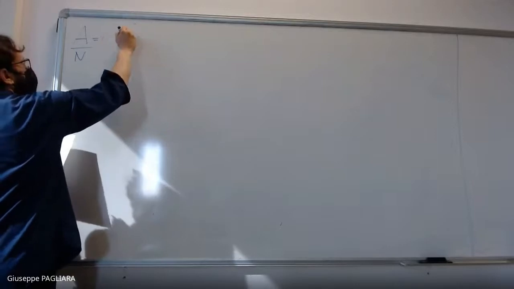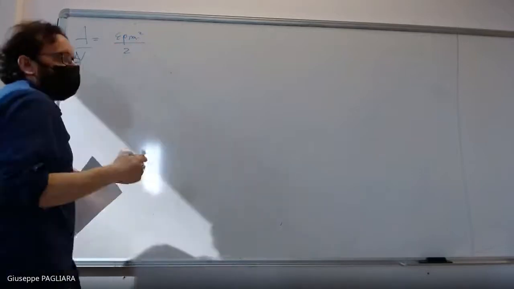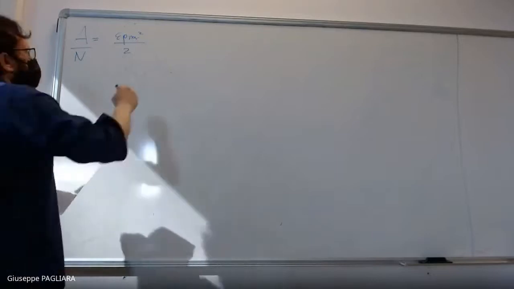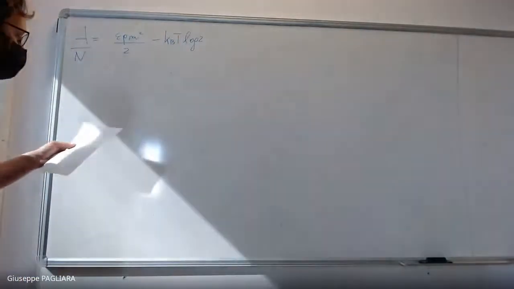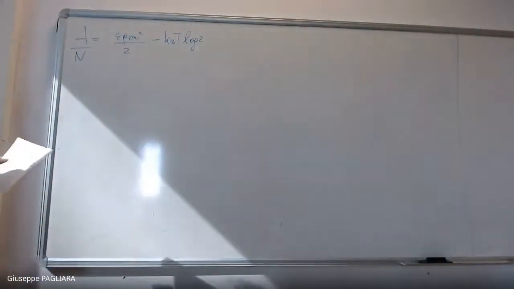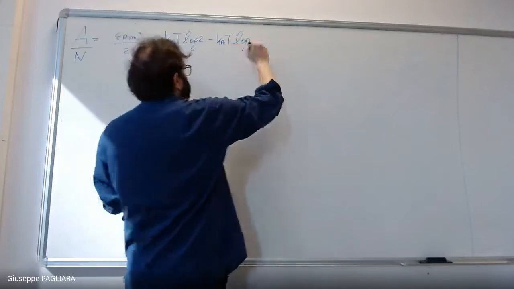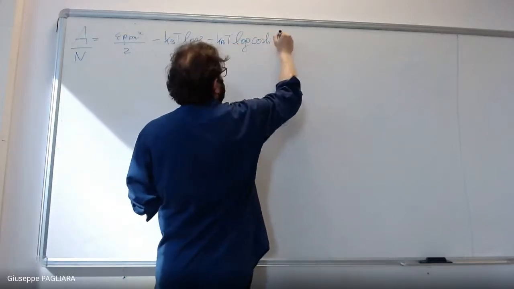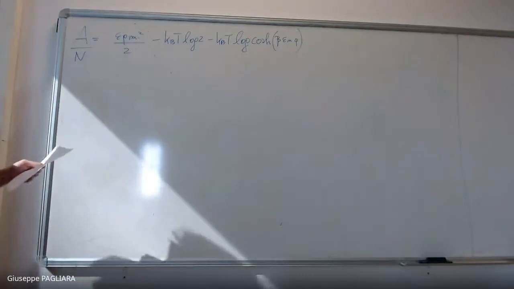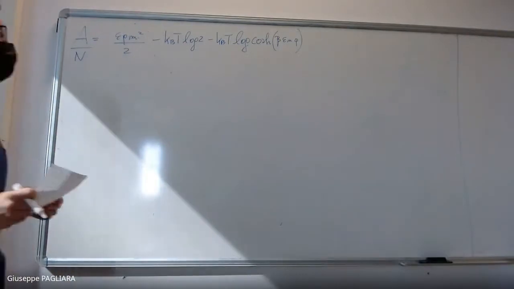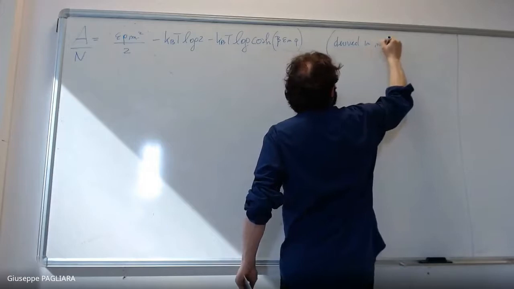This was epsilon q m squared divided by 2. Then there was a minus kB T log of 2 cosh, etc. So it's a minus kB T log of 2, which is a constant that does not depend on m. And then there is a minus kB T log of cosh of theta epsilon q. Now this was derived last time, in the mean field approximation.